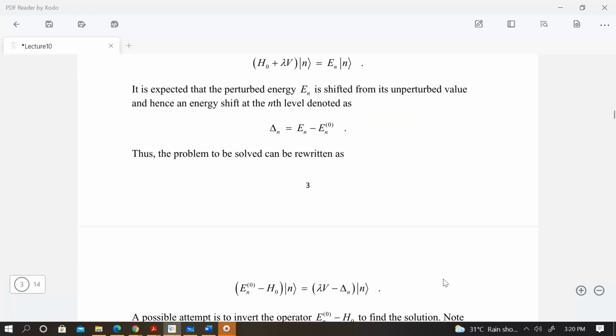Let me just see over here. So I can now write this, for example, as h naught plus lambda v acting on n, and I want to use delta n here, so I will have my delta n, and to cancel off this minus e naught in your delta n, I will put a plus.